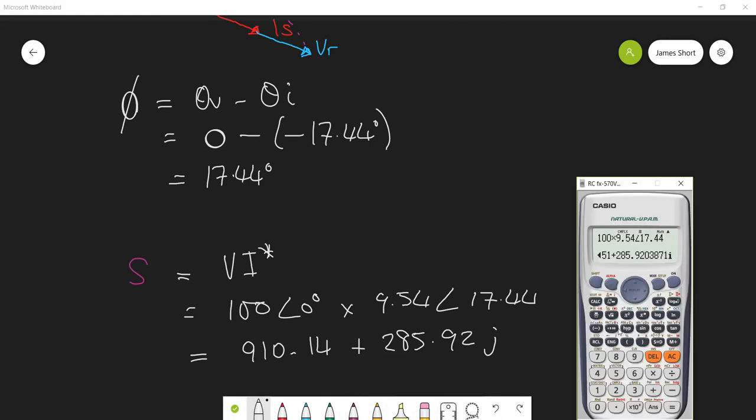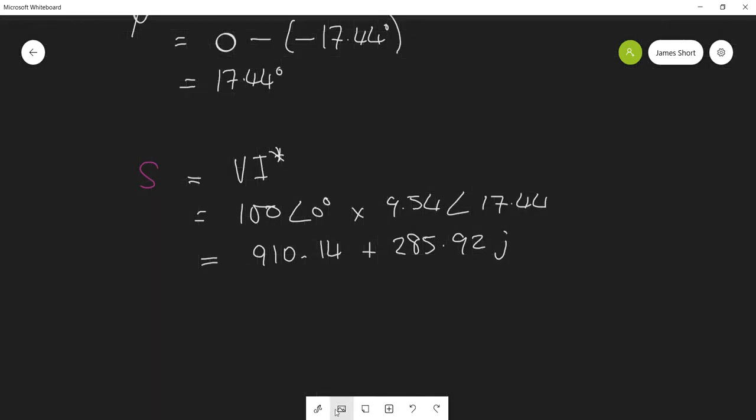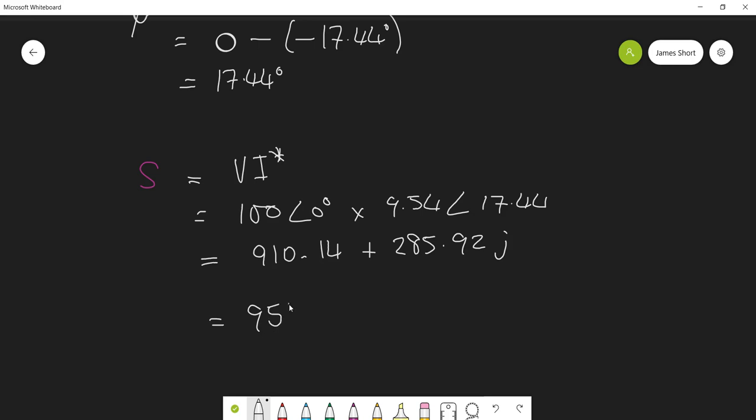We convert that to polar. What we get is 954, and there's the angle, 17.44. So the magnitude is 954 at an angle of 17.44 degrees.